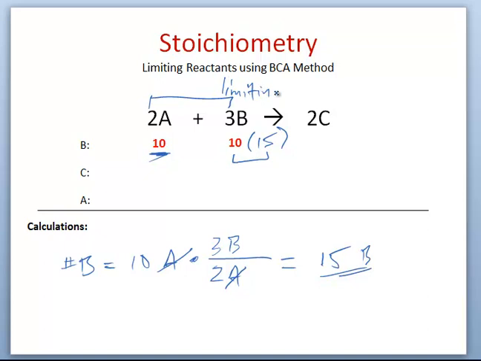The number of B's that we were given is going to limit the number of C units that we're going to be able to make. Okay, and so what that means on a practical level is, when you carry this forward to calculate all of the amounts that are left after the reaction, you're going to use that number. Okay, so this is the number that you'll base it on.